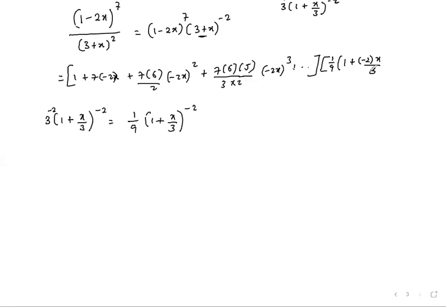And then plus minus 2 times minus 3 over 2, and then x over 3 power 2, plus minus 2 times minus 3 times minus 4 over 3 by 2, x over 3 power 3.